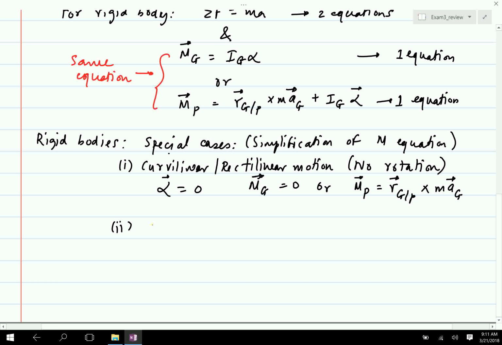The second case is fixed rotation about a fixed axis. In this case, a_G would be equal to 0. My bad, sorry. That's not true. a_G will not be equal to 0. In this case, I would recommend using this equation.